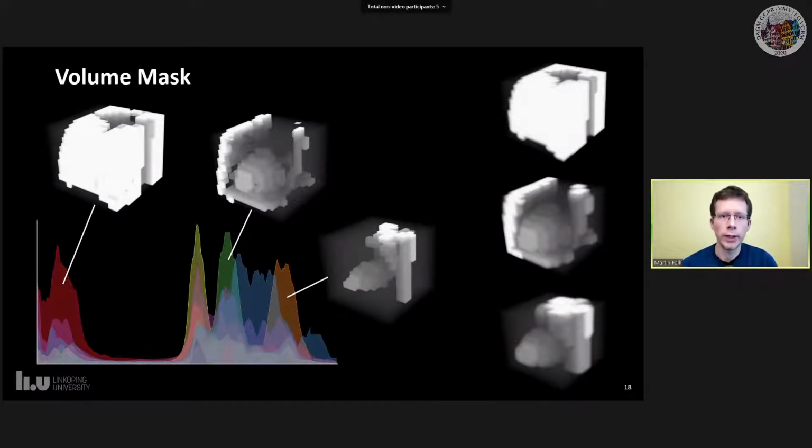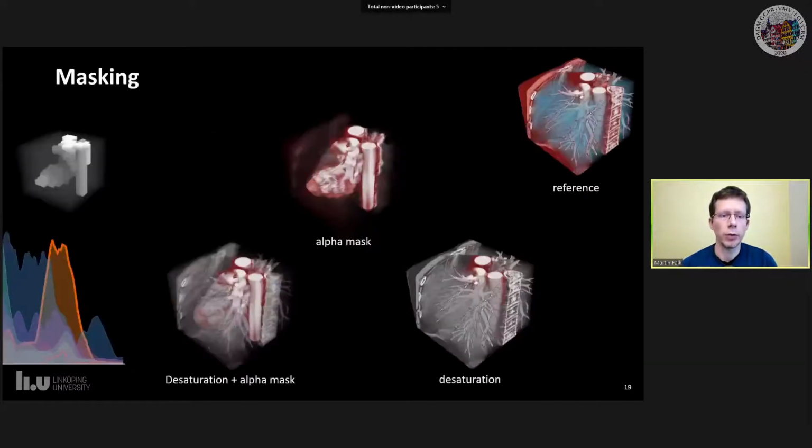During volume rendering, we can then use this masking volume, for example, as a plain alpha mask. So we are able to just highlight the selection represented by the current cluster, as shown here. Or we can desaturate the other regions, like shown in the bottom. The reference image is in the upper right.